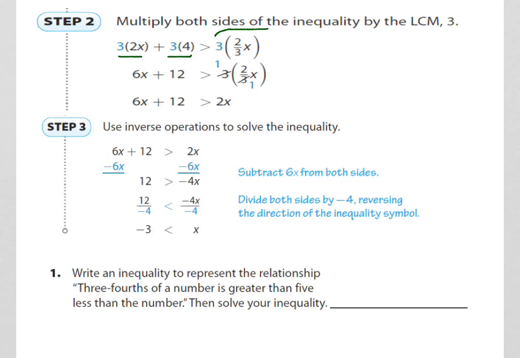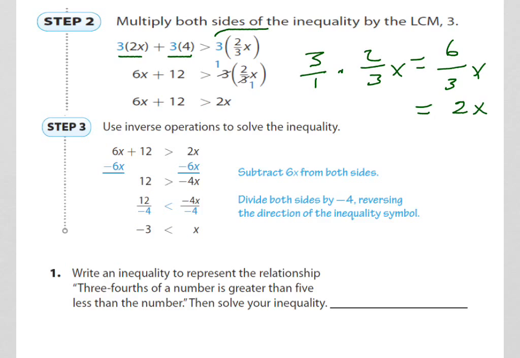Well, 3 times 2, now we have 6x, plus 3 times 4 is 12, and we can simplify here. If you're a little worried about simplifying, then just put 3 over 1 times 2 over 3x, and that's going to give you 6 over 3x, which can be reduced to 2x.